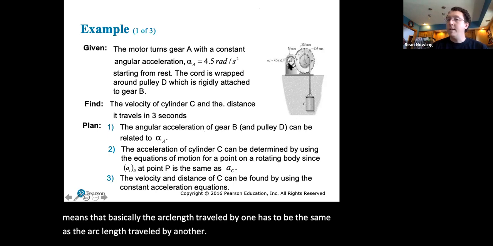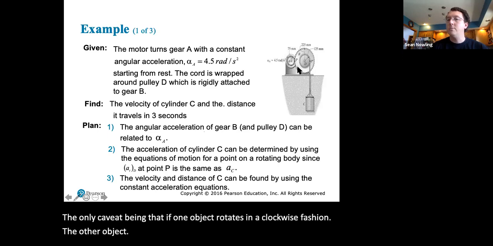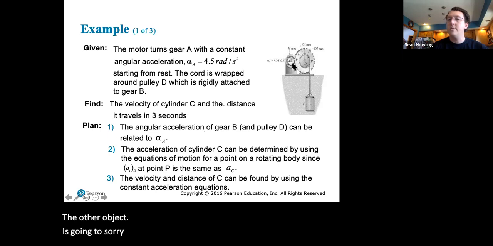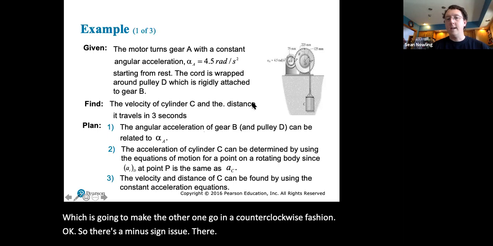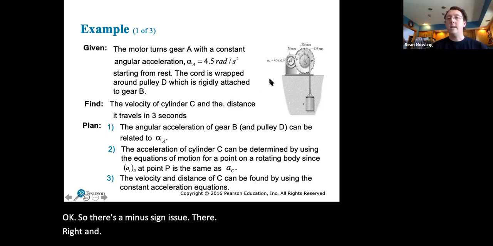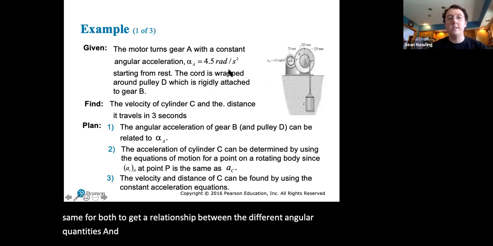The only caveat is that if one object rotates in a clockwise fashion, it's going to make the other one go in a counterclockwise fashion. So there's a minus sign issue there. We want to use the fact that the arc length traveled is the same for both to get a relationship between the different angular quantities, and then the rest of it's pretty simple.